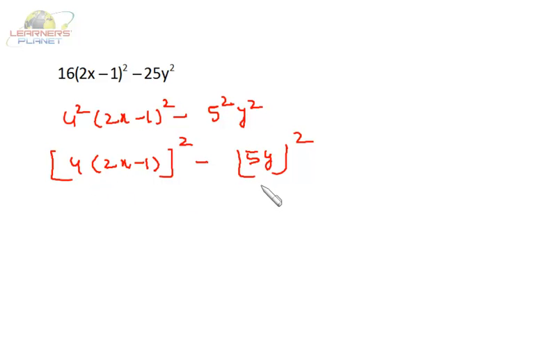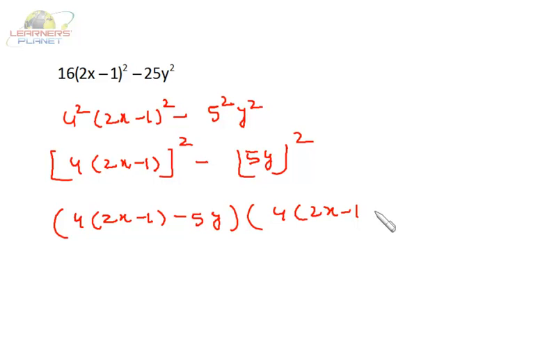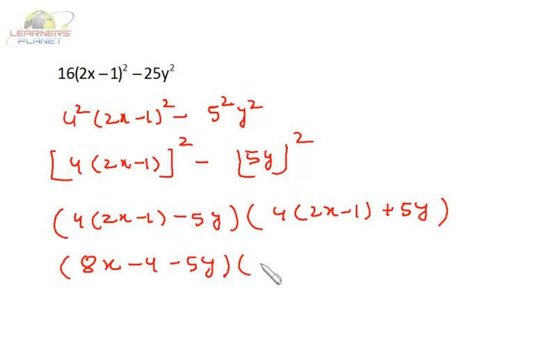So once you have to add and then you have to subtract. So it's 4 times 2x minus 1 minus 5y. Just see it carefully. 4 times 2x minus 1 plus 5y. Just simplify it. It's 8x minus 4 minus 5y, and it is 8x minus 4 plus 5y. Quite simple.